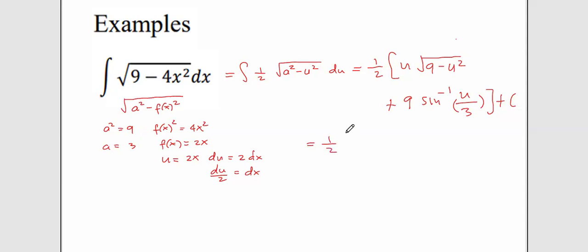Ano yung u natin? 2x, and then square root of 9 minus u squared, so 4x squared. U squared would be 4x squared, and then plus 9 and then sine inverse of u, that is 2x over 3, and then plus c. So 1/2 of this. So that's number 9. That is not the first one.